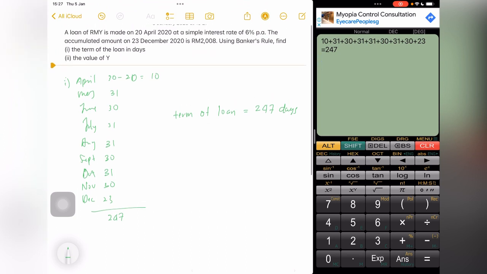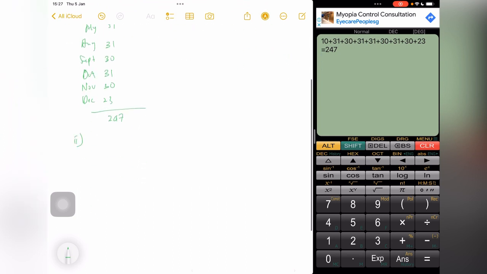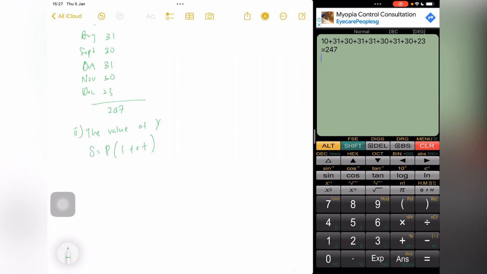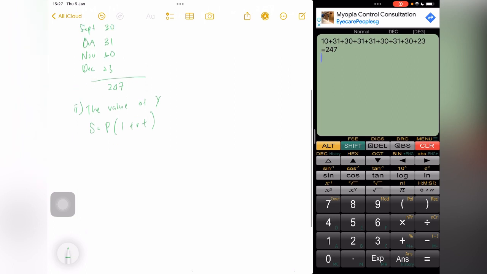So the second one is the value of Y. For the value of Y, we have to use the formula S equals P(1 + RT). So we have to find the parameters of each. S is RM 2,008.